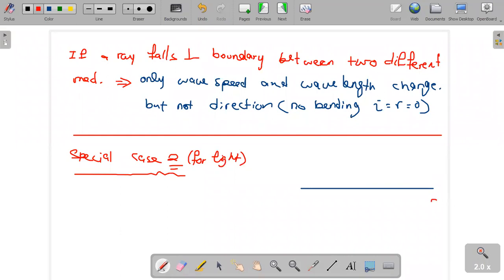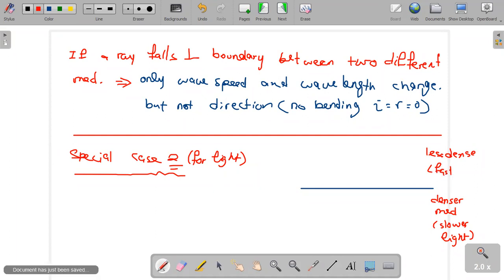Imagine this is a denser medium, meaning slower light wave, and this is less dense, meaning faster light, like air. So here is like air, and here is like water or glass.